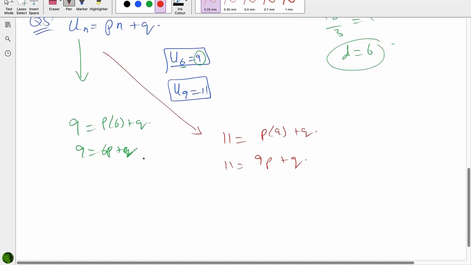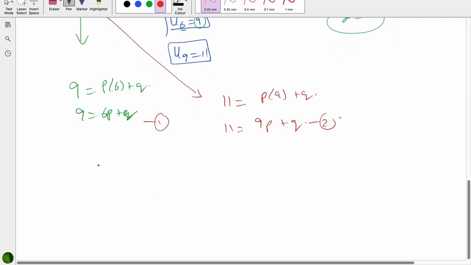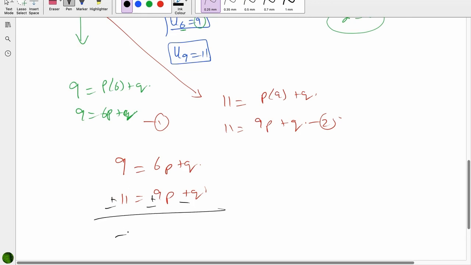Equation 1 and equation 2, we can just subtract these two. So 9 is equal to 6p plus q, and I'm subtracting the second equation, 9p plus q. When we do so, these signs are going to change. Minus 2 is equal to minus 3p, and we get rid of this.